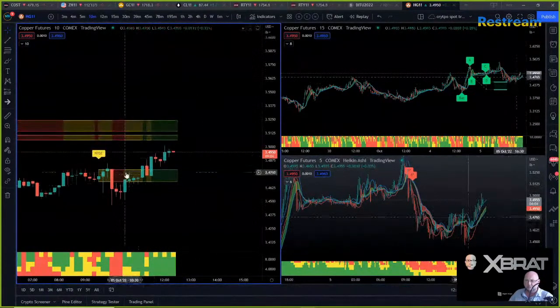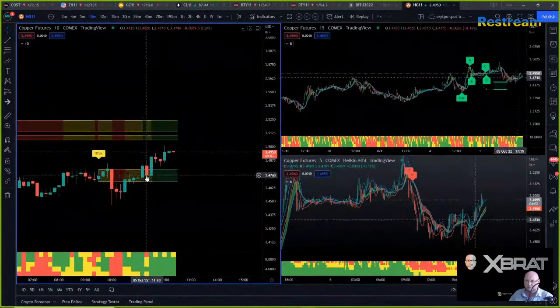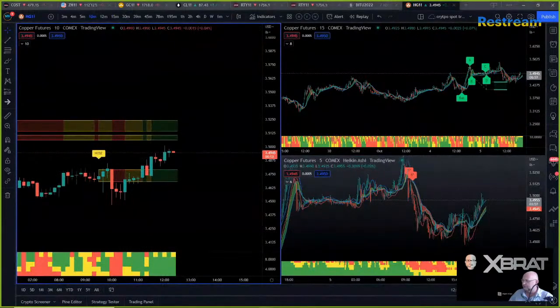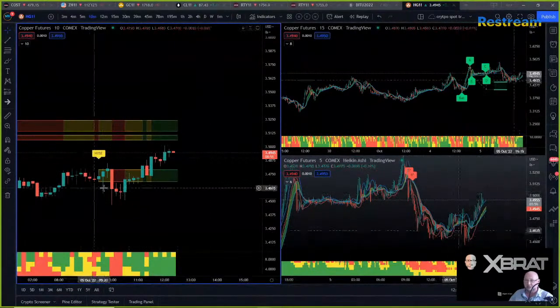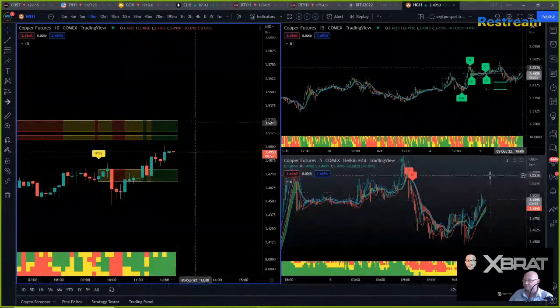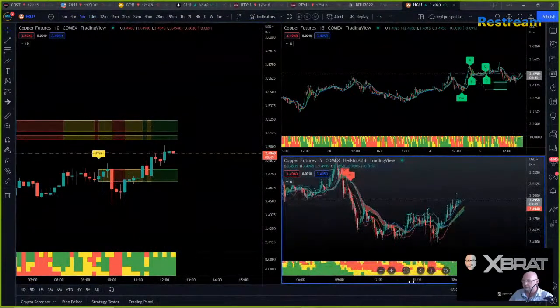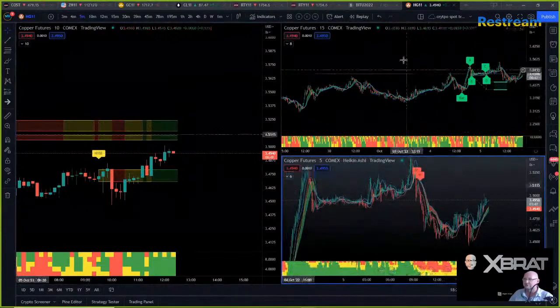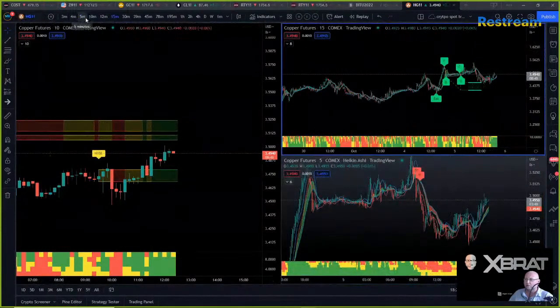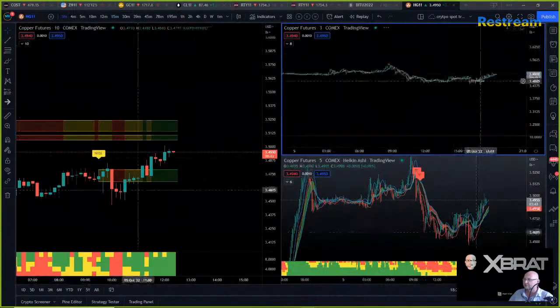A little bit iffy with the bias at this point, and this is why the auto trader didn't take that today, because we didn't get a close in when the bias was green. That's one of the rules I'm going to go through in a minute. I'm just going to put that on the 3-minute, that top one here.